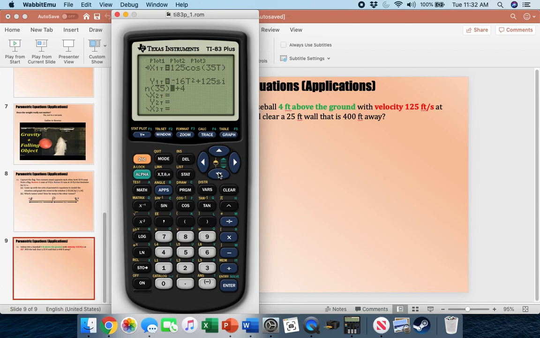Let's try this, since I only want to change one thing at a time when I'm trying to troubleshoot, right? See if this gets me what I want. No, so it must be, what the heck?